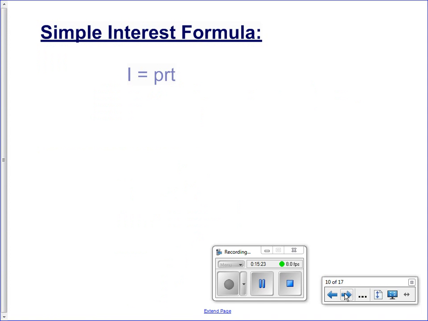All right, let's look at a very simple formula. It's called the simple interest formula. In this formula, the I stands for the interest, the P stands for the principal. The principal would be either the amount of the loan or the amount that you have deposited.